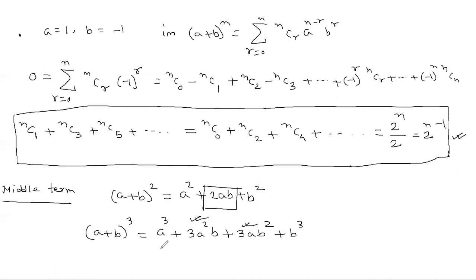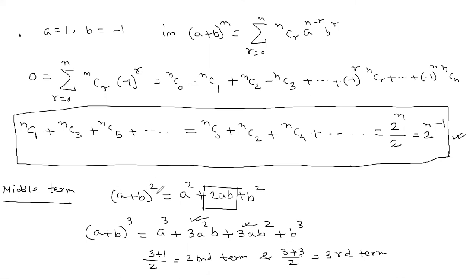So 3 plus 1 by 2, that is 4 by 2, so the second term, and n plus 3 by 2, that is 3 plus 3 by 2, that is 6 by 2, so the third term. So the second and third terms are the middle terms.